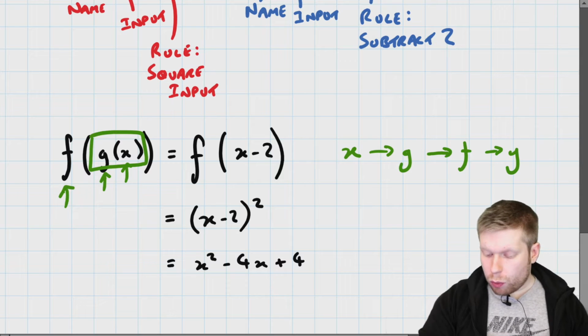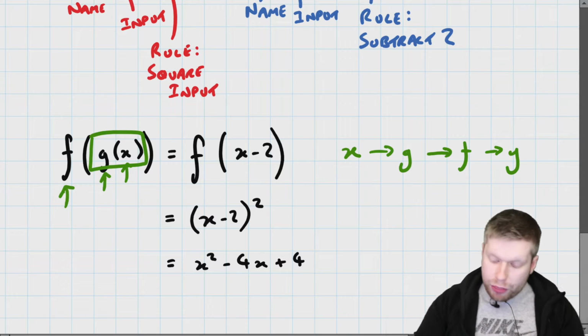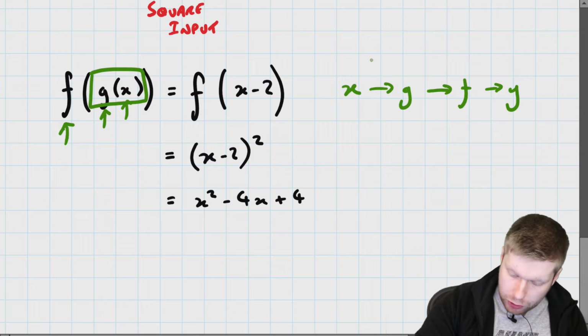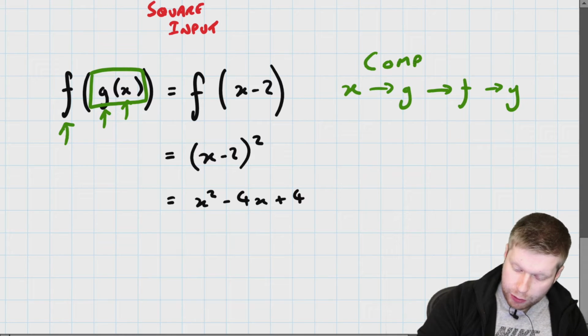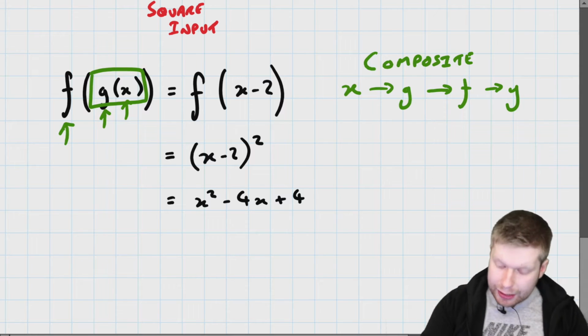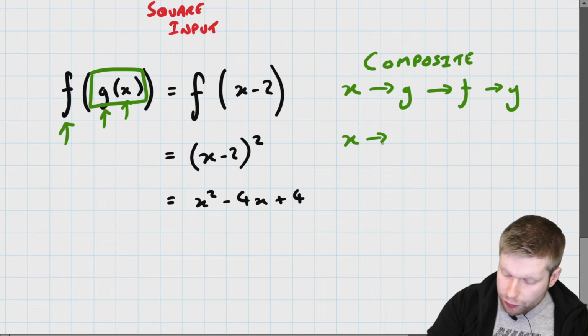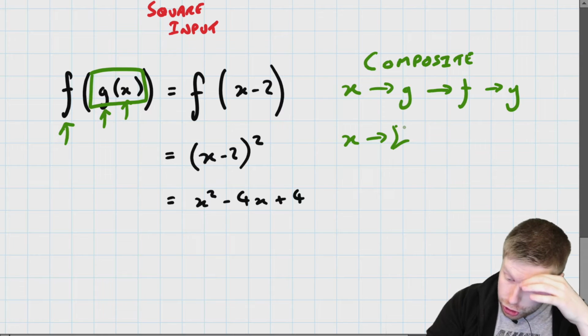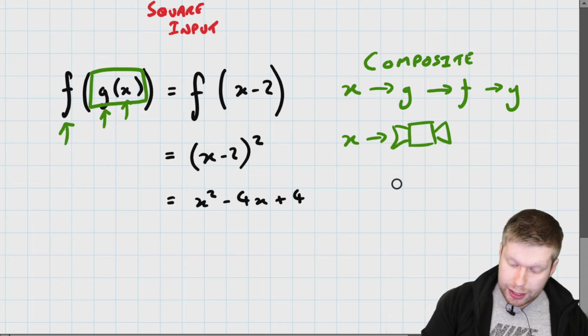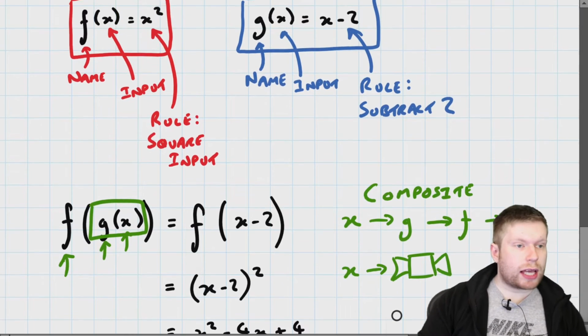So in other words, what this is literally saying, if you want to think about it as a chain of functions, in fact, we call this a composite function or a chain of functions, because you're literally taking an input and first things first, you're putting it through the function g. So my function g in this case is subtracting 2. That's my rule up there.